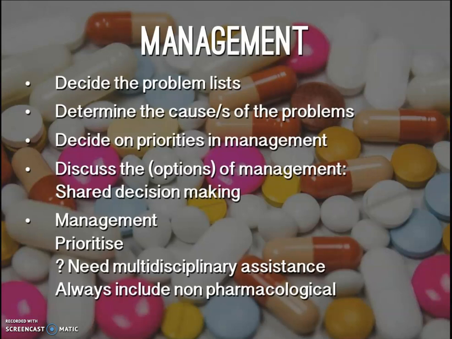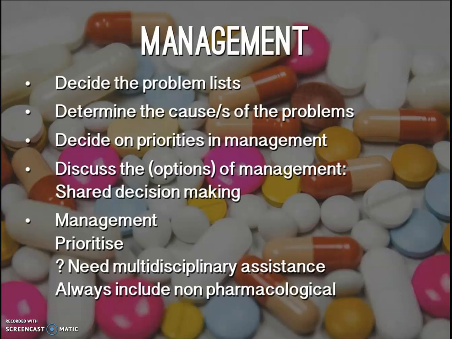Similarly, in the management, you need to determine the priority of your management. Before that, you have your problem list. The second step after you have the problem list is you need to determine the cause of the problems.